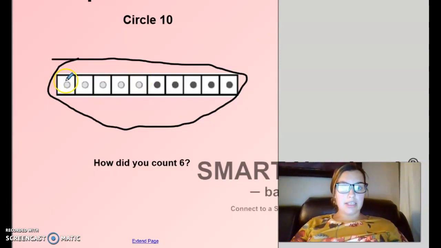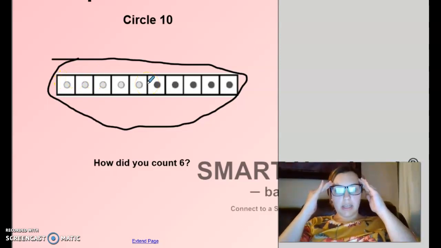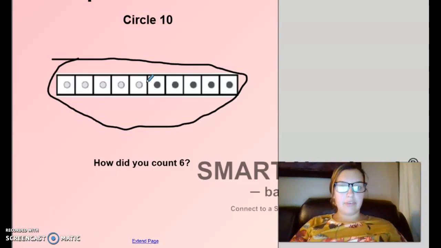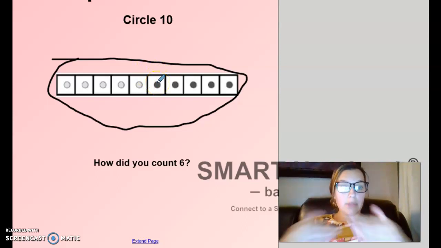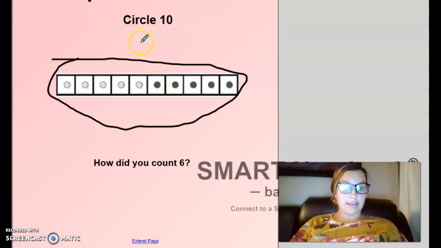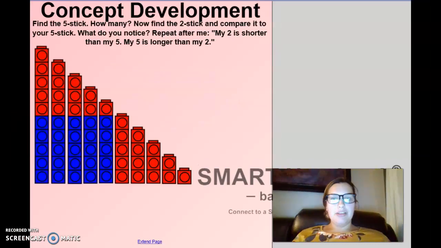And we counted this on the first one and it was 5. So every time we saw that, our brain was like, it's 5. And then if I asked you to circle 6 dots, you were able to just jump one and know that was 6. You were able to count on. Good job.